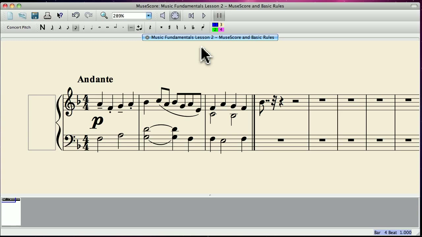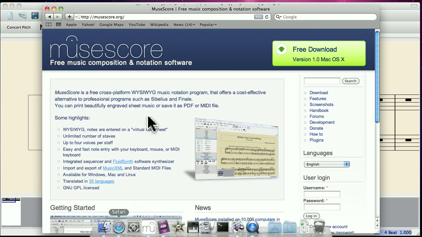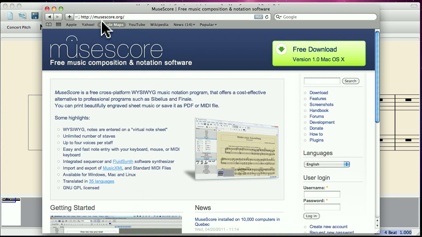I just want to introduce you to the program called MuseScore, which I'll be using in these tutorials and lessons, and then talk about a few things I left off and a few basic rules about handwritten notation. You can Google MuseScore or go to their website, which is musescore.org, and download this. It's an open source, free music notation application that's cross-platform.